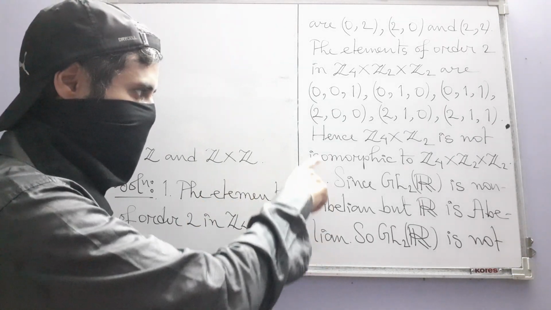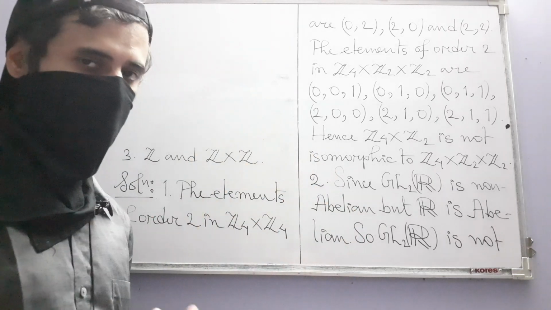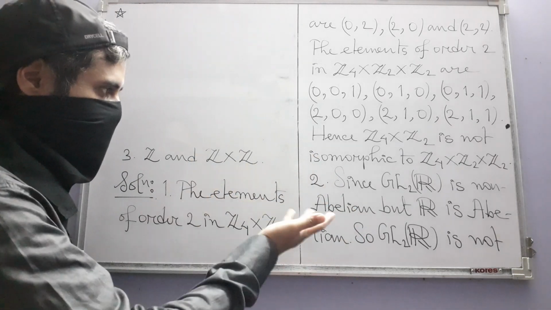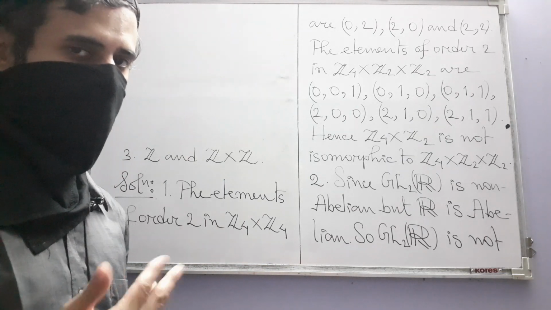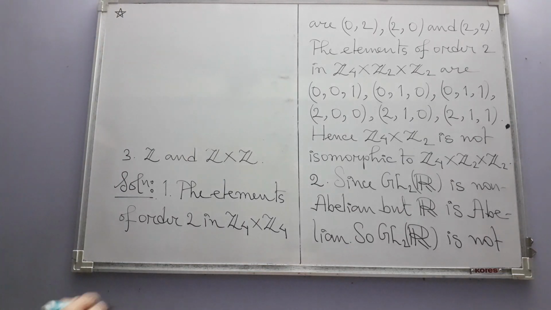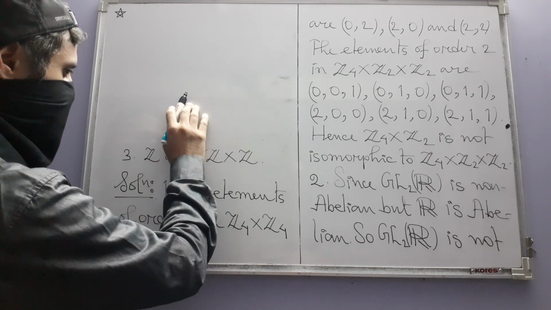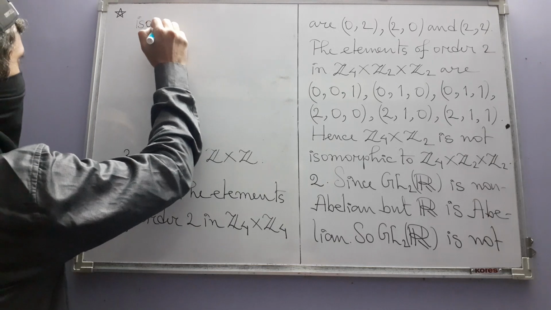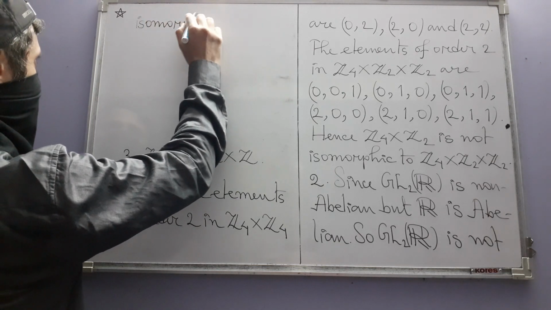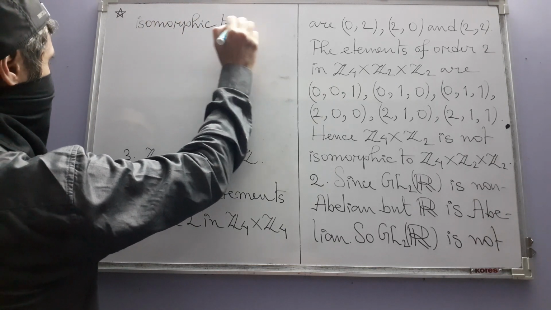But lack of isomorphism has many ways of showing it. Say the groups should share some property, but they are not sharing that property, so that means there is no isomorphism. This is not isomorphic to R.